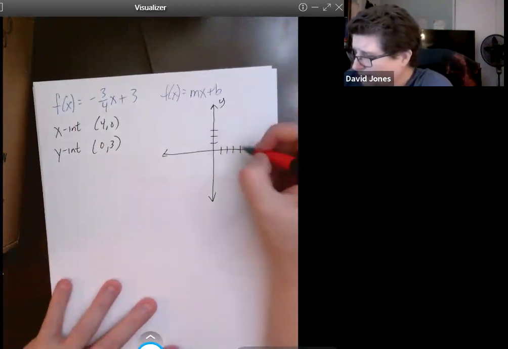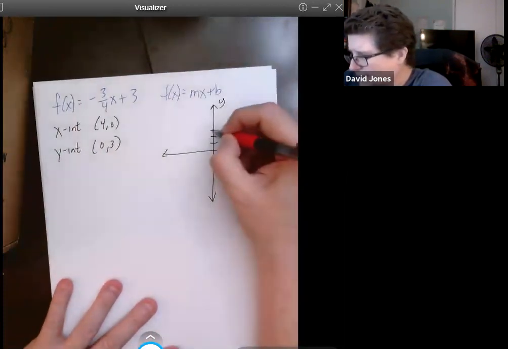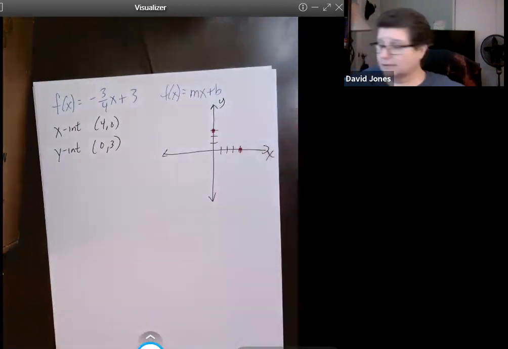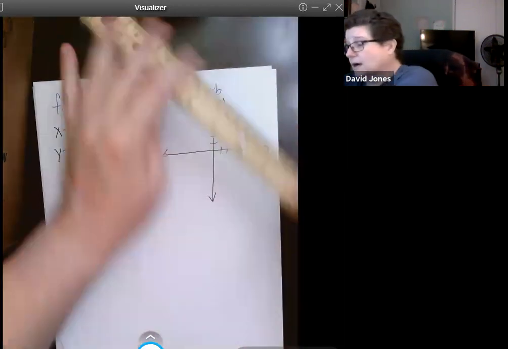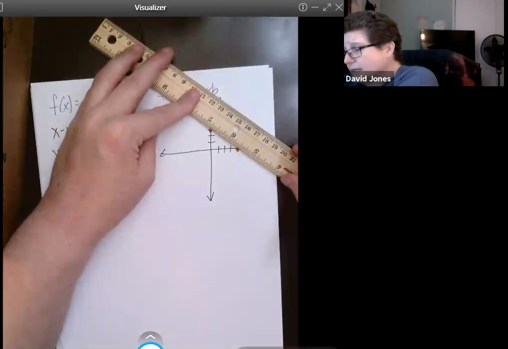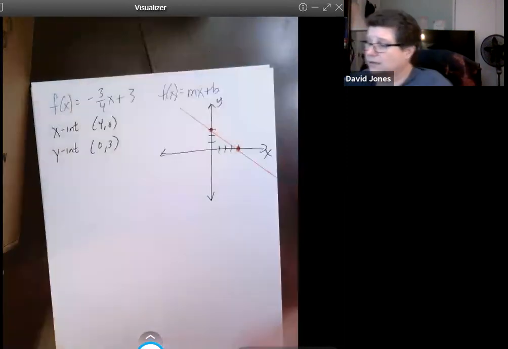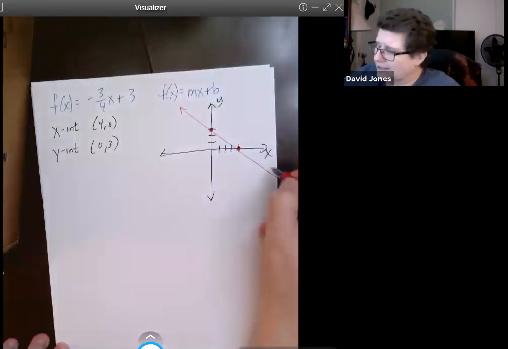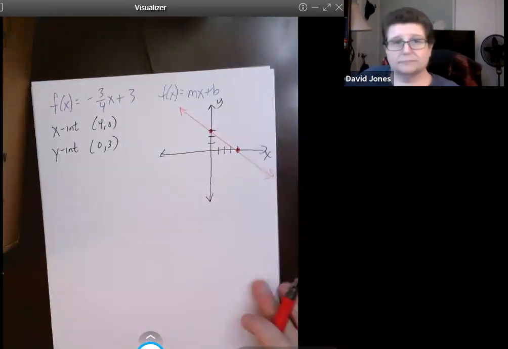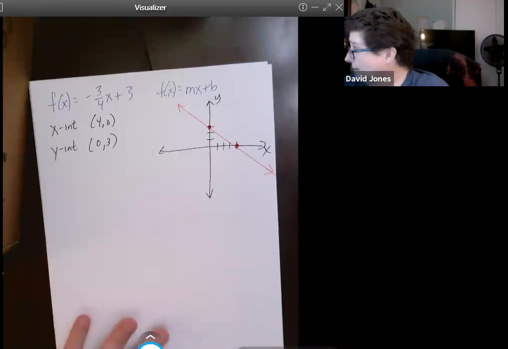We put a point at (4, 0). We put a point at (0, 3). And we connect the dots. Put a little arrowhead on each line to show that it keeps going. And that's our graph.